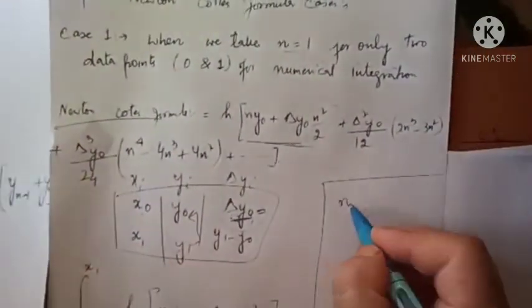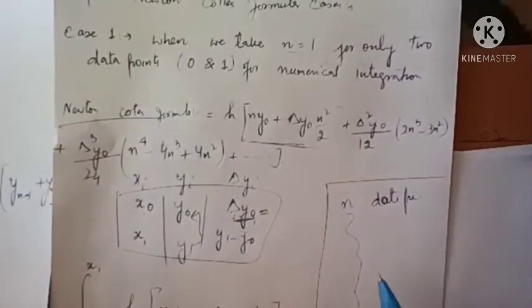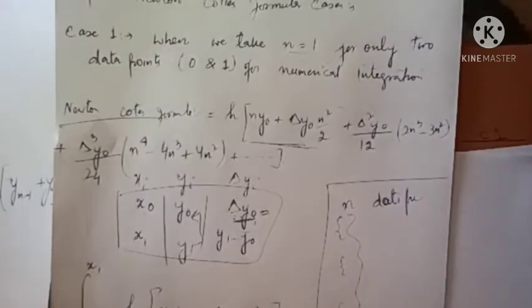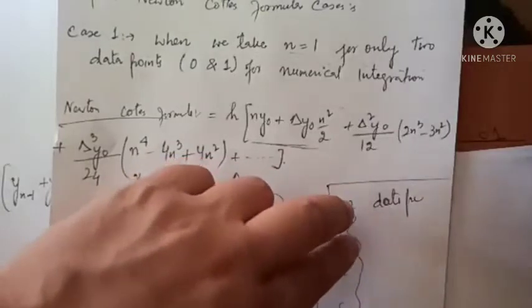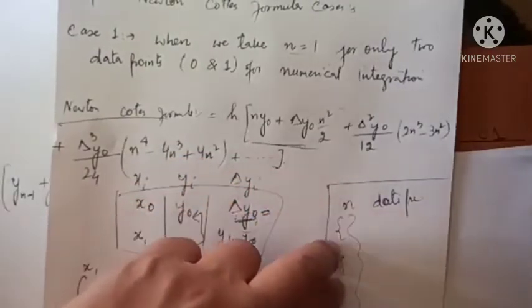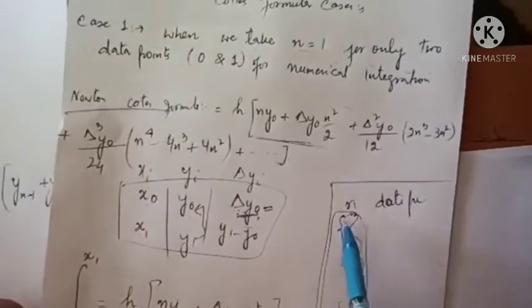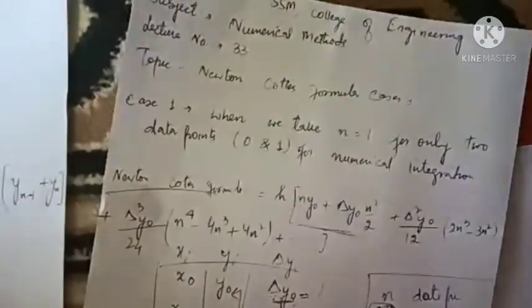If you are having n number of data points, it is very difficult to integrate all of them at once. So what we are doing is dividing them into two data points, solving two at a time, and at last we combine all the solutions of these. We are integrating them so that we can get the solution of the final one.